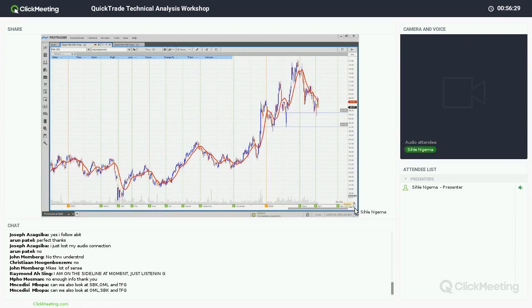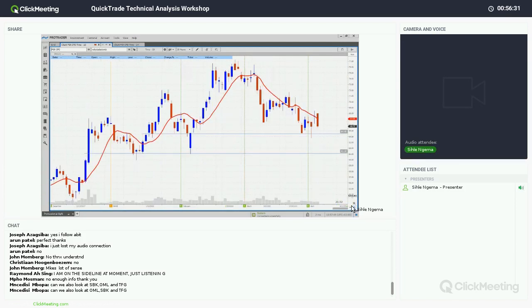Okay, on Standard Bank, we have the same. Well, I mean, it's not the same. The price is below the moving average, so that means that the market is coming off a bit. The first signal, the first pullback. I don't want to call it the first sell signal.